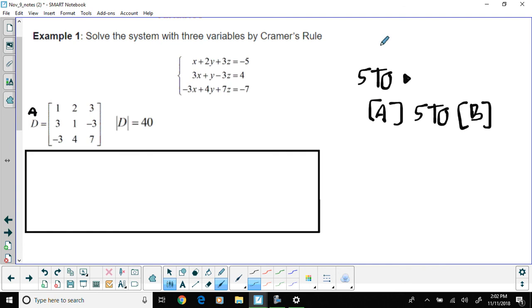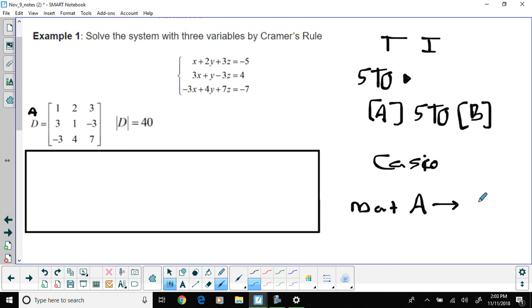Now, if I'm on the Casio, I've got a different button. I've got that in there as matrix A. So I go into that menu under OPTN, and I make it say Mat, and then I have it say A. Then, above the multiplication and division, there's a little arrow by itself.